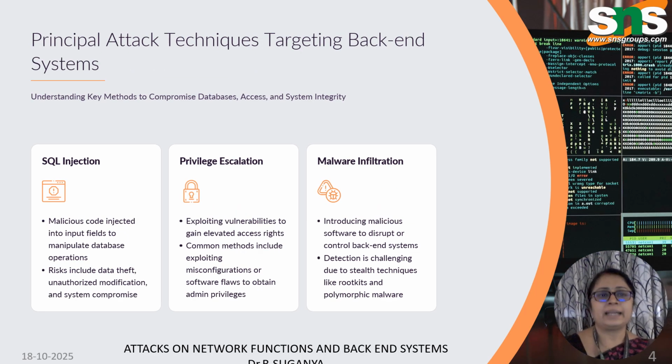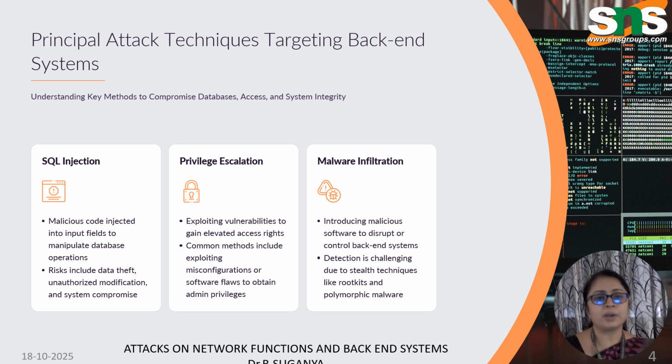And principal attack techniques targeting backend systems. At the backend we have targeted attacks like SQL injection, privilege escalation, and malware infiltration. SQL injection means malicious code is injected into input fields to manipulate the database operations.